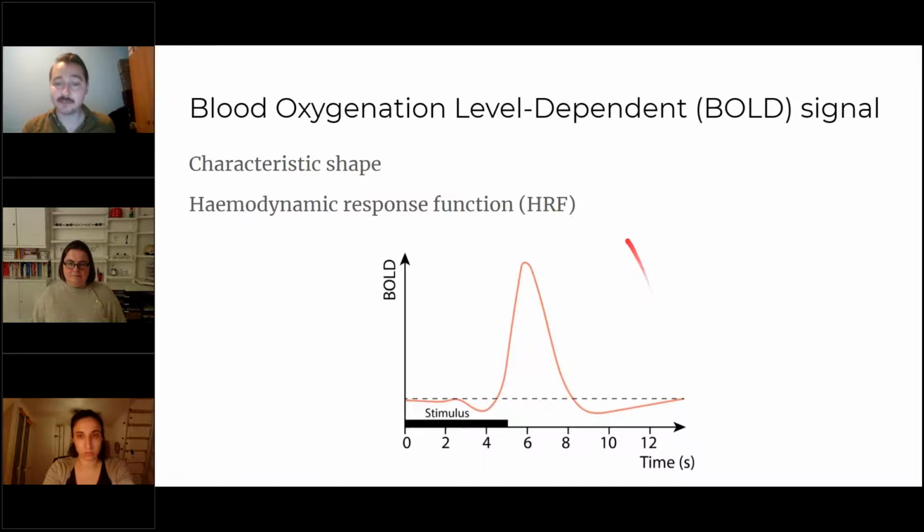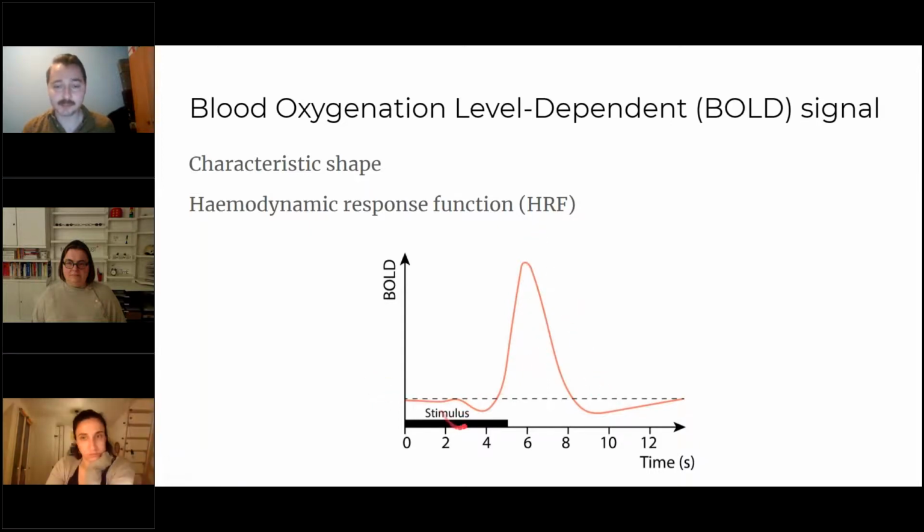And this is very, very consistent, so much so that it has names. The signal that we measure in fMRI is called the blood oxygenation level dependent, or BOLD, signal. It tends to be represented by a percentage change in the signal relative to some baseline. And this has a particular characteristic shape known as the hemodynamic response function, or HRF.